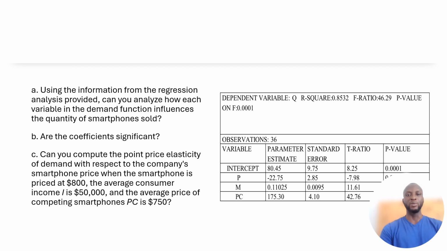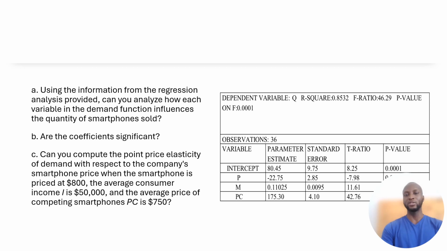So here is our result. Now let's take a look at this result. Apologies for the video blocking the p-value, but you can go through your notes. You can tell that all the p-values are less than 0.05. Let me just take note of that if you haven't. You can look at the dependent variable here, Q, which is quantity demanded. Here the R square is given as 0.8532.